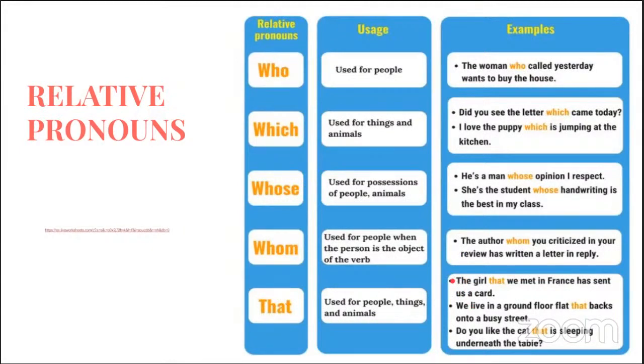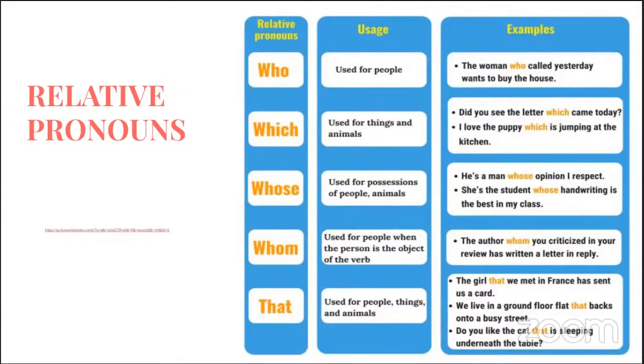The girl that we met in France has sent us a card. Then we live in a ground floor flat that backs onto a busy street. Do you like the cat that is sleeping underneath the table? Yes.